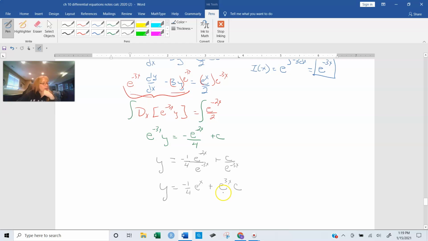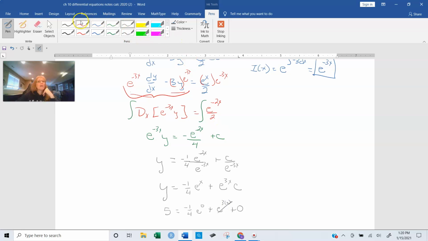That's where we are at this point. Next, they gave us 0 and 5. So we take 0 and 5 and we plug them in. We're going to plug in the 0 for the x and the 5 for the y. So we get 5 equals negative 1/4 e to the 0 plus e to the 3 times 0 times c.